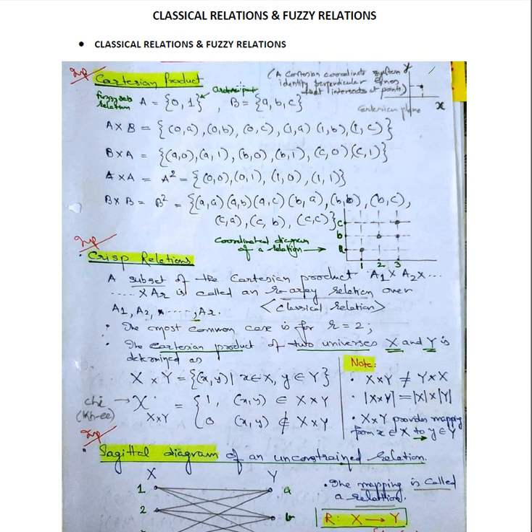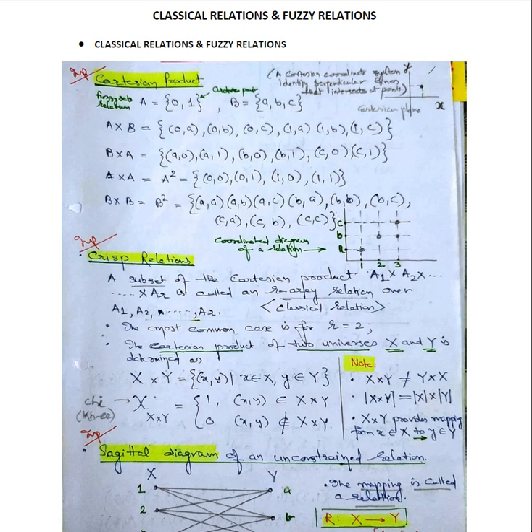Similarly, B cross A will be a to 0, a to 1, b to 0, b to 1, c to 0, c to 1. That's all. And when we talk about A cross A, then 0 to 0, 0 to 1, 1 to 0, and 1 to itself. Similarly, B cross B has the similar form of 9 combinations. When we map all this onto x and y coordinates, it will intersect at certain points.